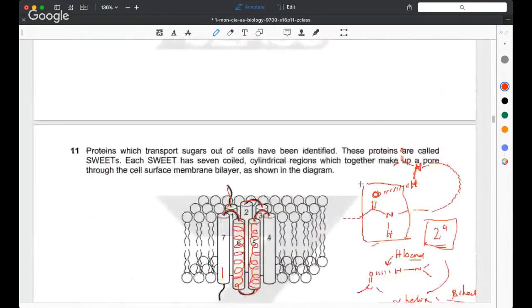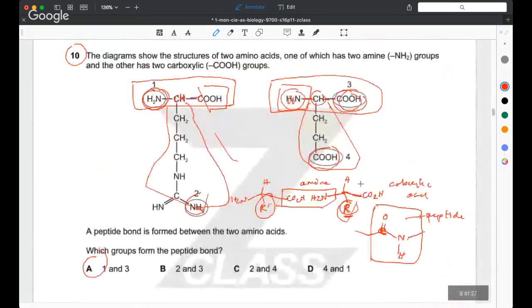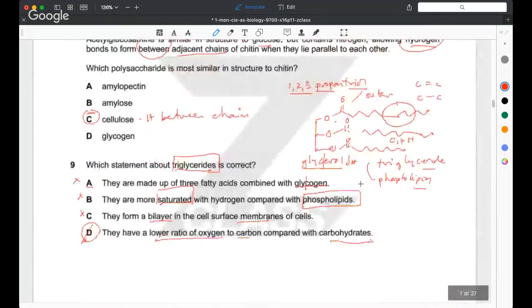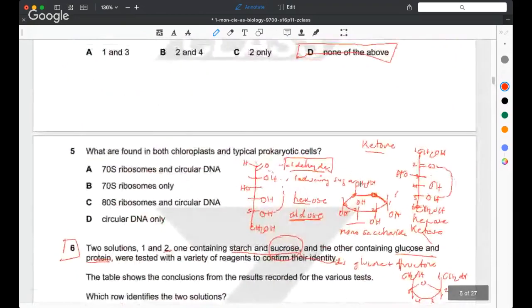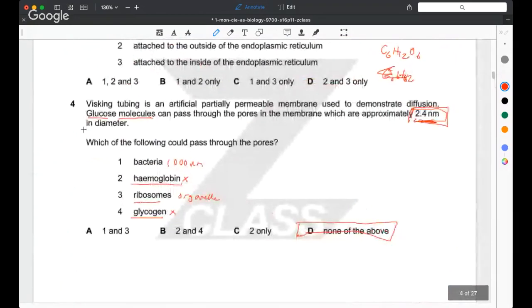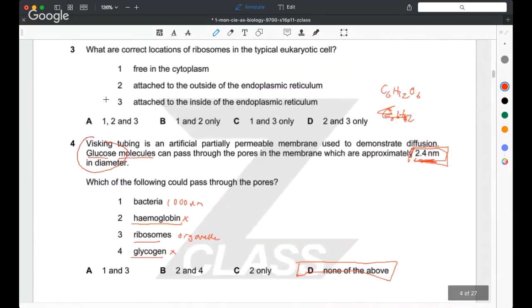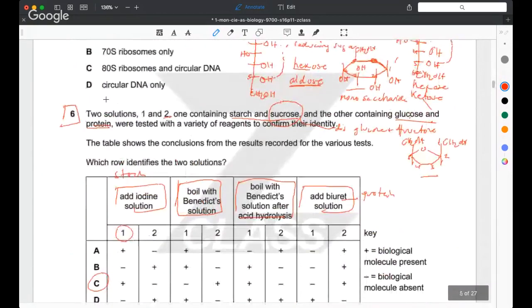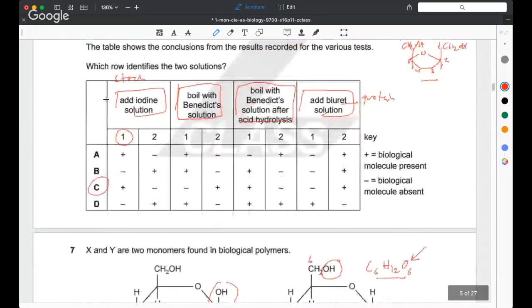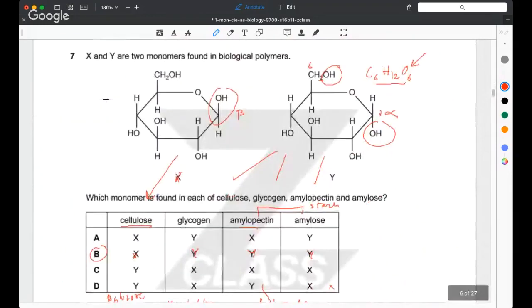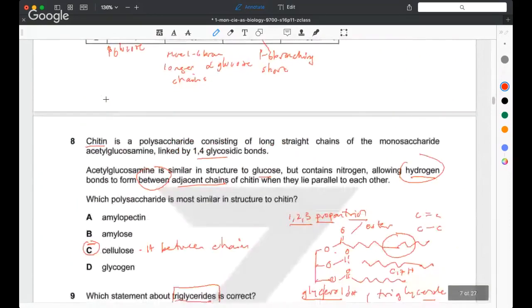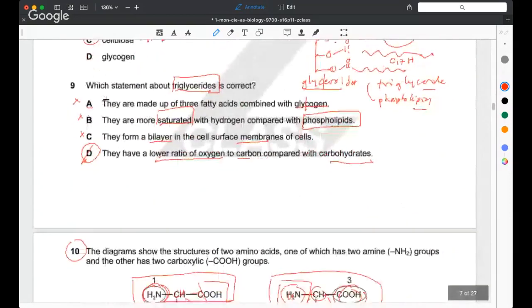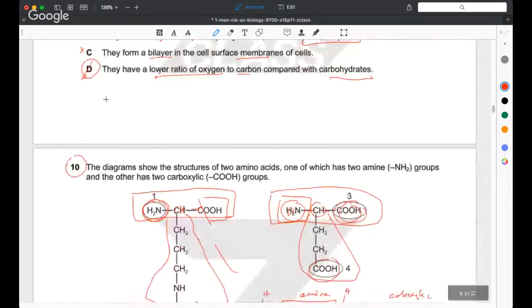All right, so in some ways, the papers seem to follow almost a logical flow, because we started off by looking at sizes and going right down to the size of molecules. Then it's moved on to joining those individual molecules into biological polymers. We've looked at polysaccharides, polypeptides, proteins, and triglycerides.